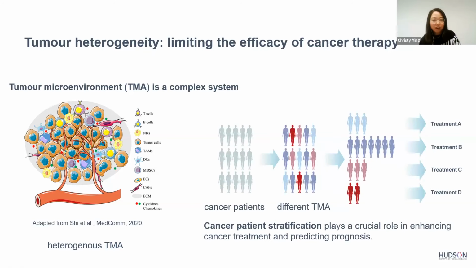So now people are looking at which ways we could improve the efficacy of cancer therapy, and one way is to do cancer patient stratification. We could stratify patients with different factors, and I think the tumor microenvironment is one of the most important factors that we need to look at.